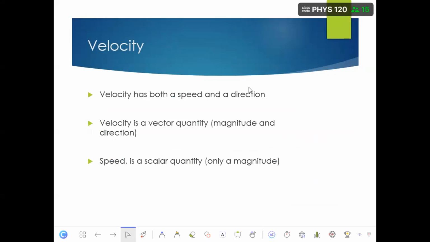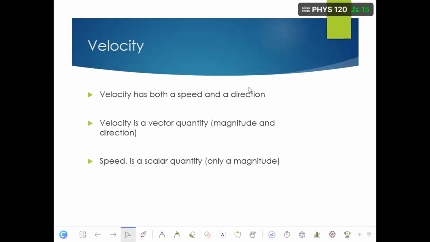So I move 4 meters to the right and then back 4 meters to the left. What is my displacement? If I ask you how much I was displaced in these 2 seconds, you would say nothing happened. You started from here and then you came back here. My displacement is 0.